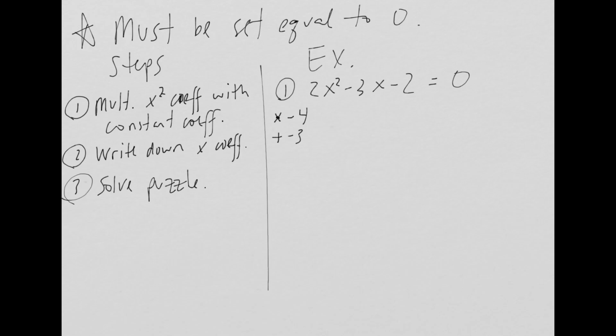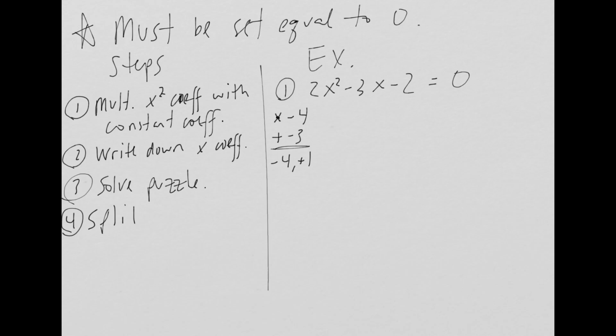So here's what I mean by solve the puzzle. Right here, I wrote down two things. I need two numbers that multiply to be negative 4, but add up to be negative 3. So think for a second. What numbers multiply to be negative 4 and add up to be negative 3? So maybe, and hopefully you got negative 4 and positive 1. Those multiply to be negative 4, add up to be negative 3.